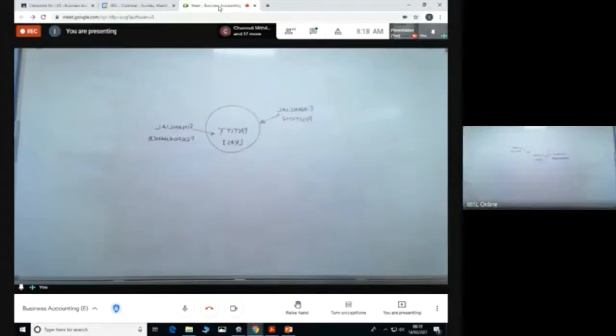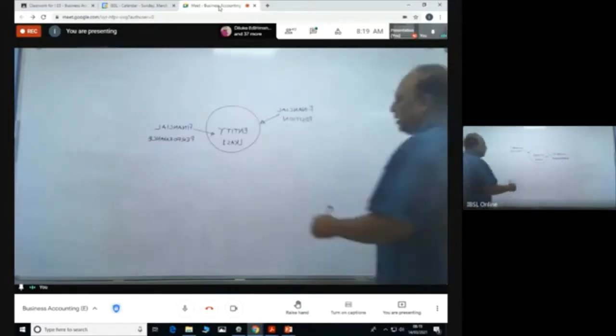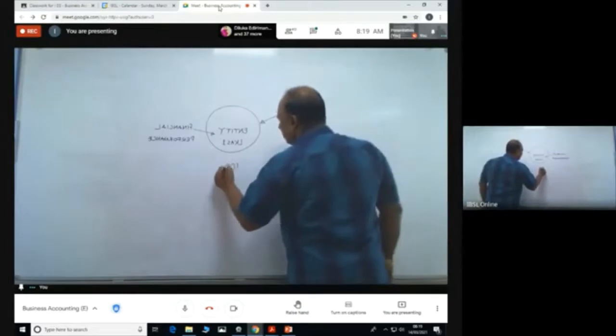So we have looked at financial position, then financial performance. Now these are all numerical, in the sense that we talk about numbers. Recently, a lot of banks have achieved 1 trillion in assets. That's a big achievement in terms of financial position. And some companies have achieved profits over 10 billion. That's a big achievement in terms of financial performance.